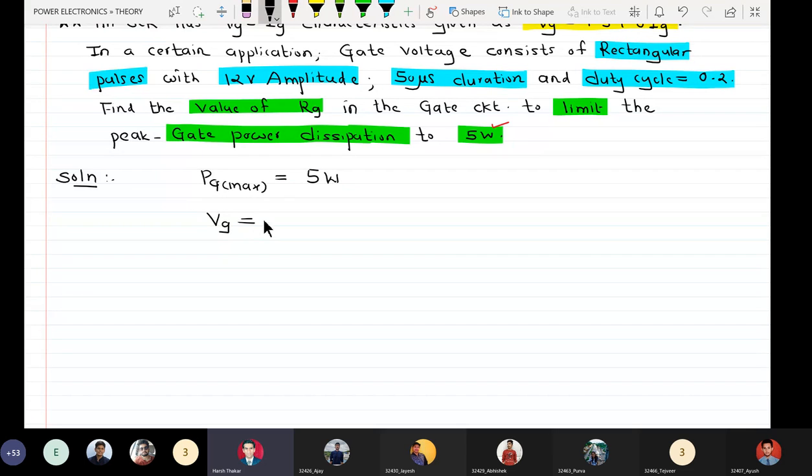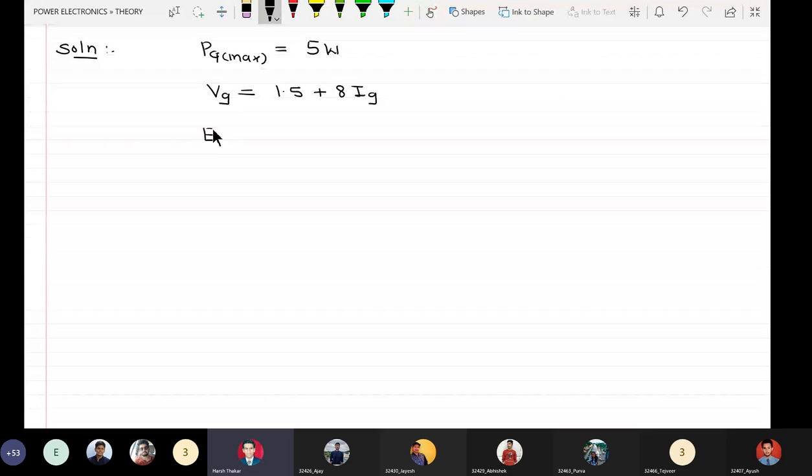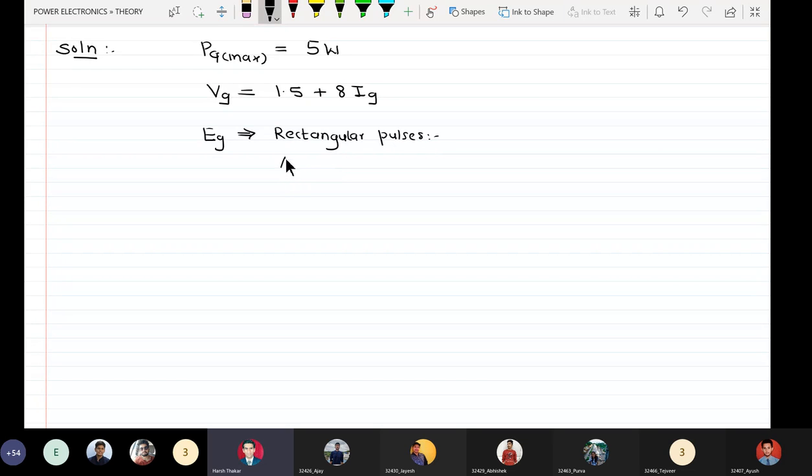Second thing given is Vg equal to 1.5 plus 8 Ig, and Eg is rectangular pulses of 12 volt, duty cycle equal to 0.2, and duration is equal to 50 microseconds.